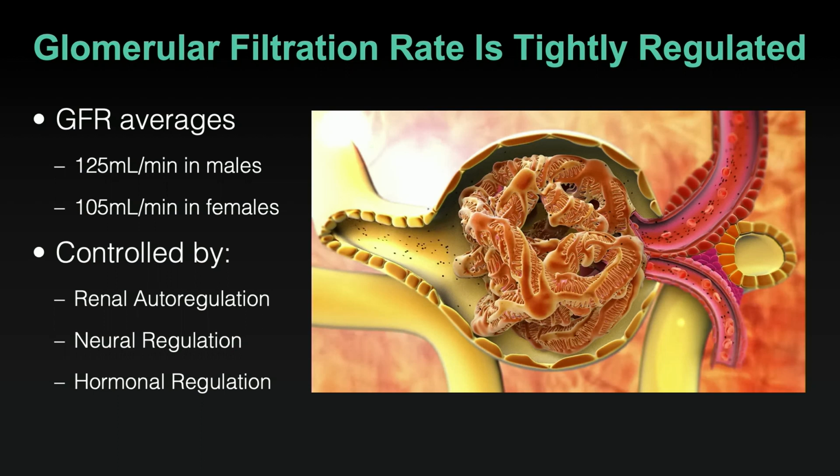Now, these are somewhat tiered. Renal autoregulation is quick, immediate responses that maintain glomerular filtration rate within a tight range and keep it stable. Neural regulation can override autoregulation in certain situations, and hormonal is more chronic or long-term. We'll look at those coming up.